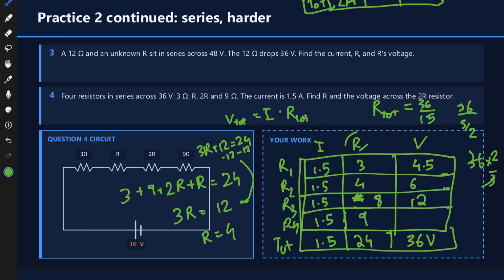And 9 times 1.5, I believe that's 13.5. So 4.5 plus 6 plus 12 plus 13.5, the halves add up, you get 36, yeah. So makes sense, pretty decent.